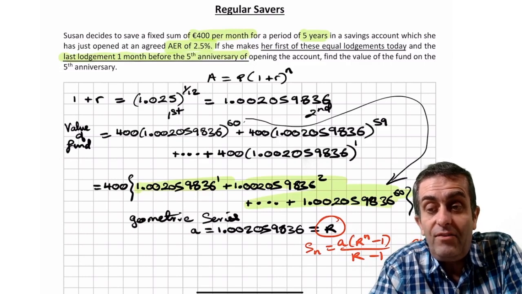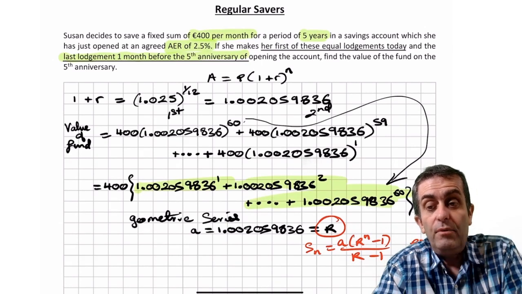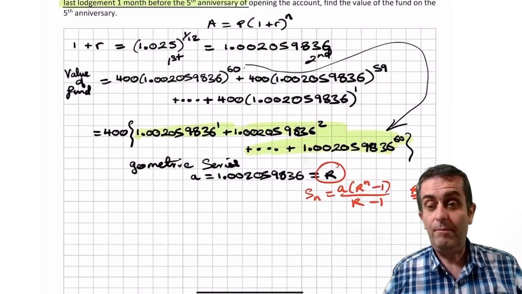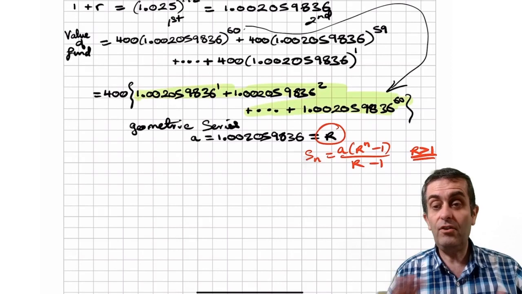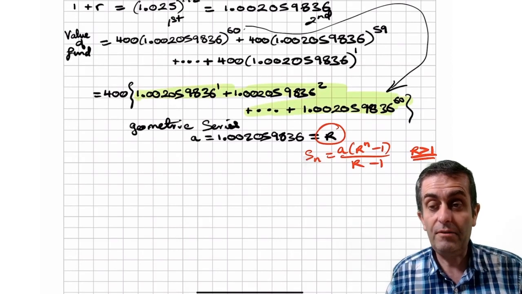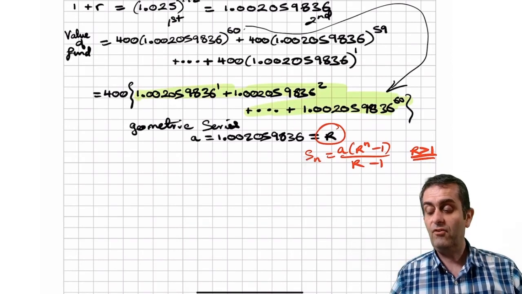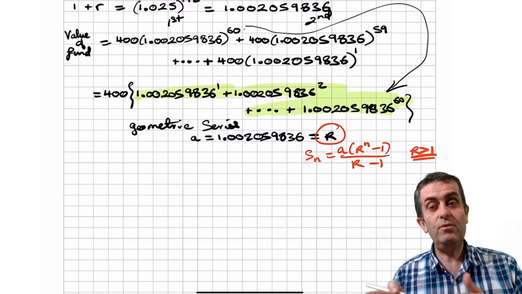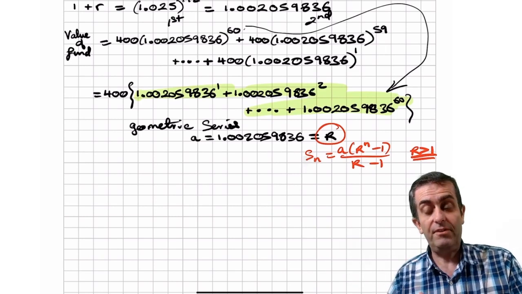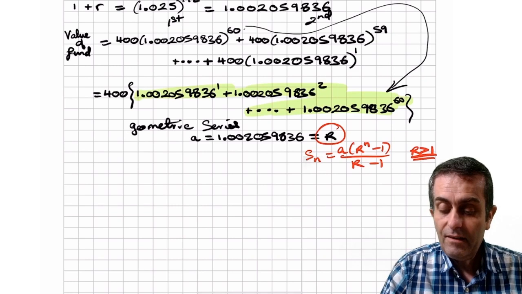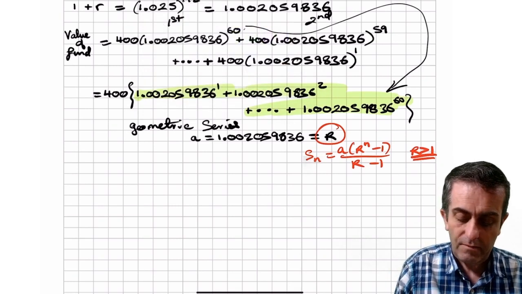In the log tables, it's A into 1 minus r to the power of n over 1 minus r. But I changed the sign on the top and the bottom because, to be honest with you, I just don't want to be dealing with minus numbers. So this avoids negatives. I will always use this one if r is bigger than 1, and the opposite to it if r is smaller than 1.